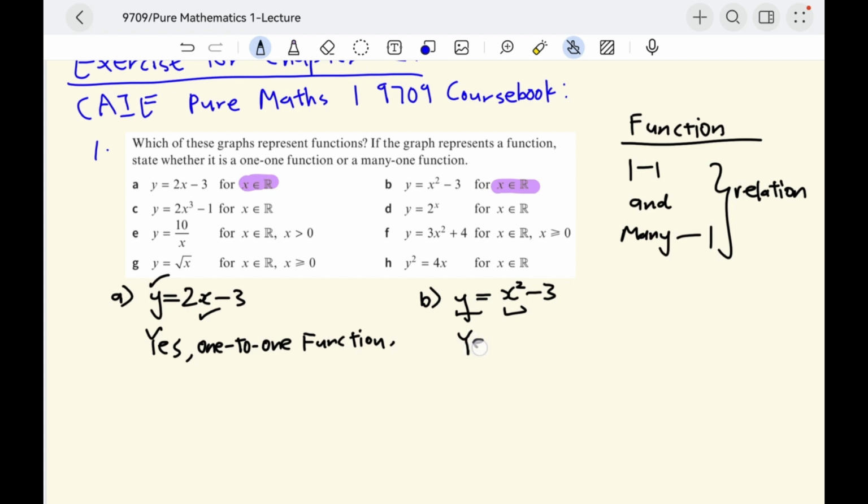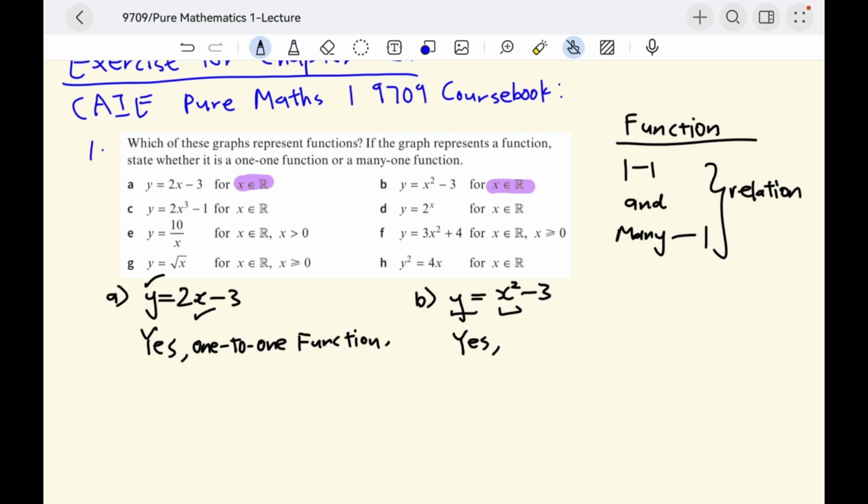It is a quadratic function. What type of function is this quadratic? You see there's an x squared which is positive and minus 3 as your y-intercept, so your graph should look like this, about this position.